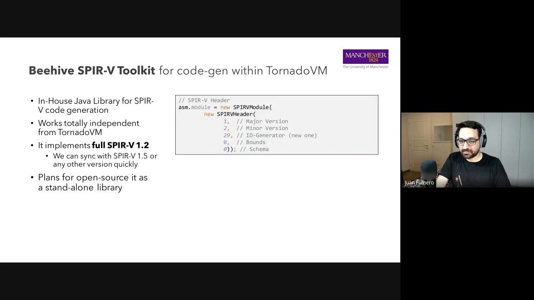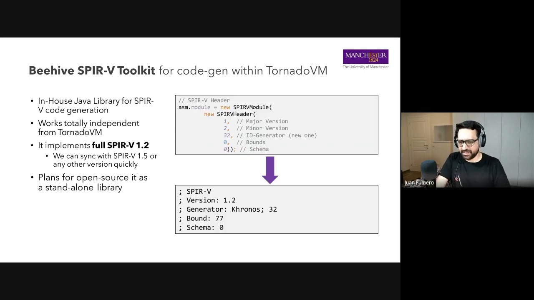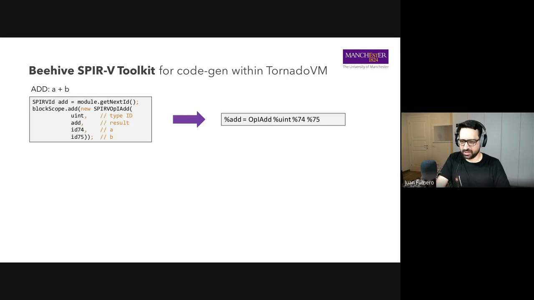Right, so I'm not going to spend too much time on the library, but essentially it's open source. You can download it, you can play with it. I want to show you an example of the usage of this API, this SPV Toolkit. Let's say you want to do an operation, an addition. What you do is request an ID.